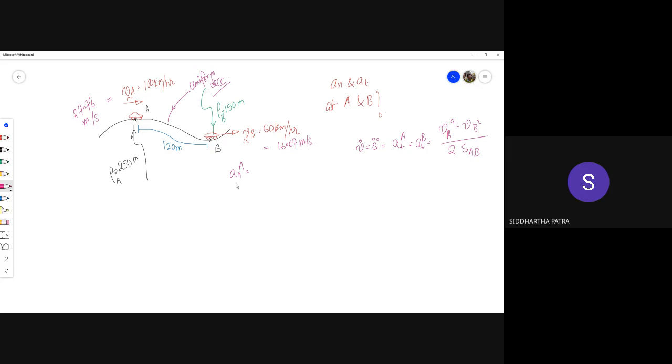So AN at A is VA squared divided by rho A, and AN at B is VB squared divided by rho B.